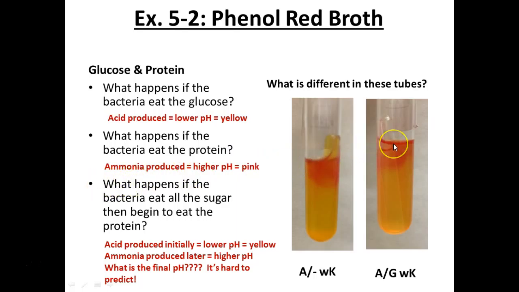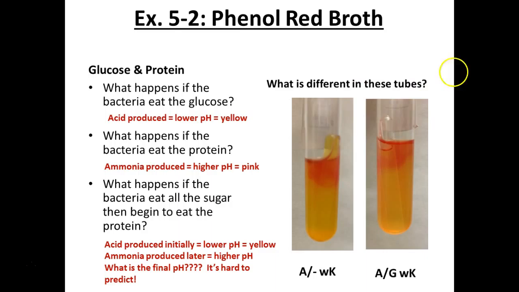So the bubble one is a good indicator that it ate the sugar first, right? Because you only get gas with fermentation of sugar, not with protein digestion. So the good thing with that one is if you ended up with, say, an orange or a pink tube, and you saw that bubble, you would know, oh, fermentation happened first, and then now it's eating protein.